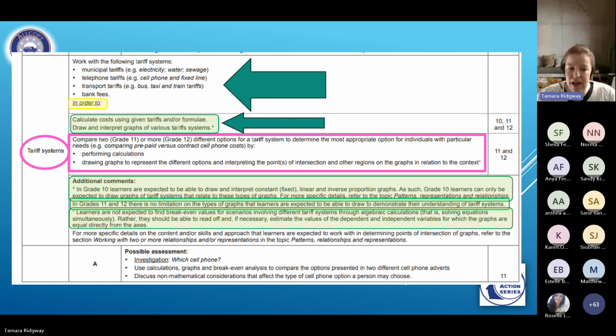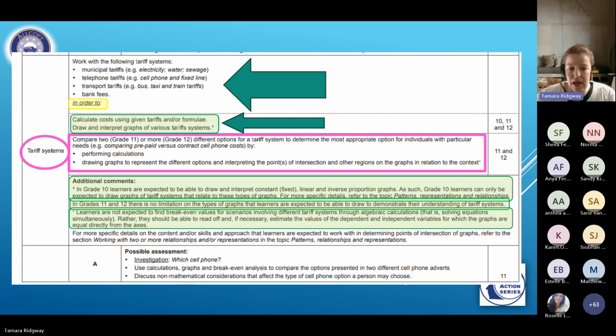Compare: in grade 11 and grade 12, you can compare 2 or more different options for a tariff system. And again, why? To determine the most appropriate option. We know that. But also, as part of that same question, we could ask them to perform calculations with the tariff and then to draw graphs with the tariffs.